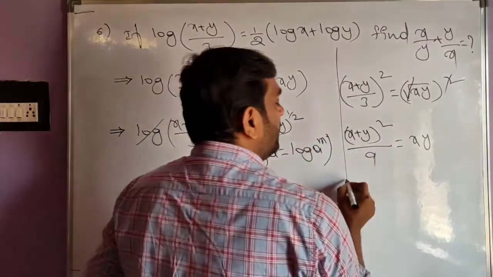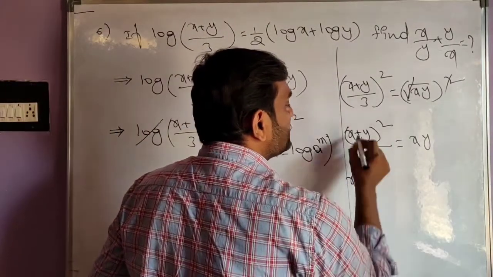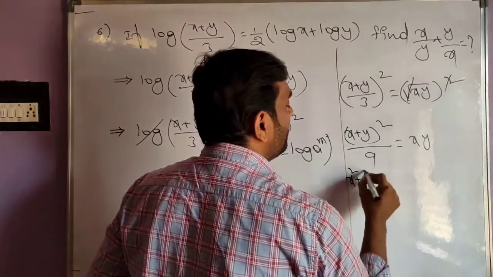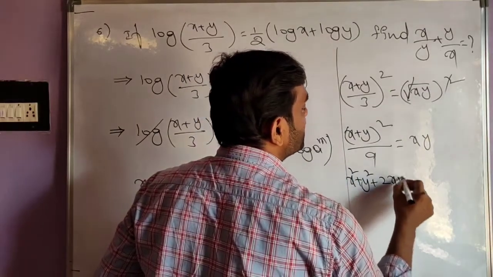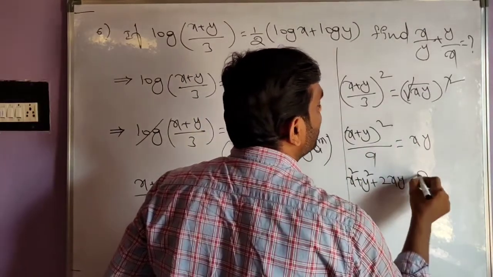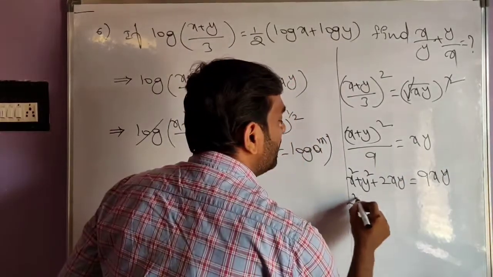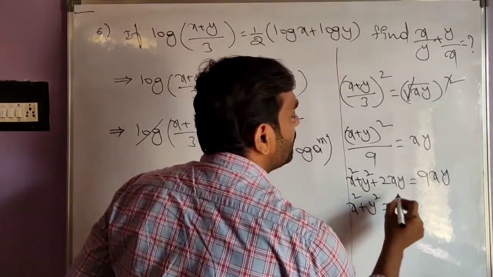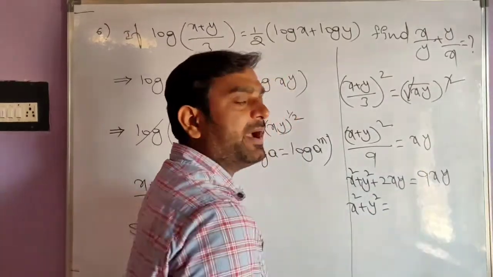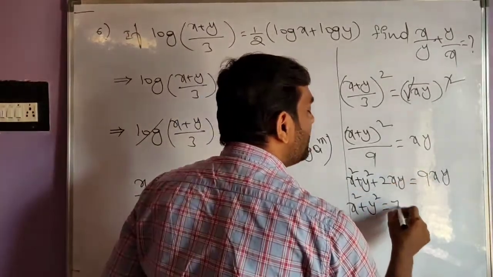So (x plus y) whole square is x square plus y square plus 2xy, equal to 9 into xy, 9xy. x square plus y square is equal to 9xy minus 2xy, when 2xy comes to this side it becomes minus 2xy.